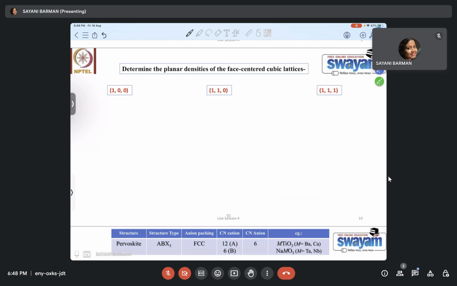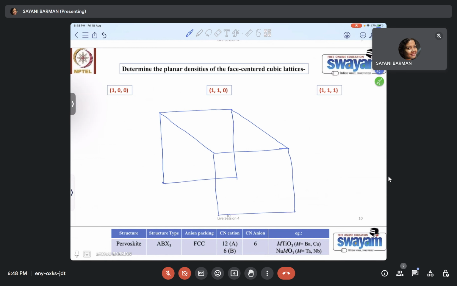Okay, so let's draw a big one first. So 100 plane is what?